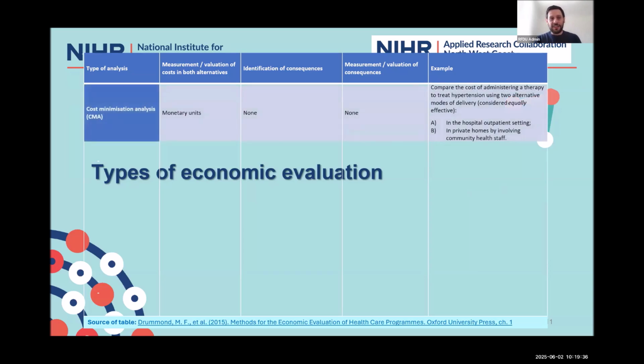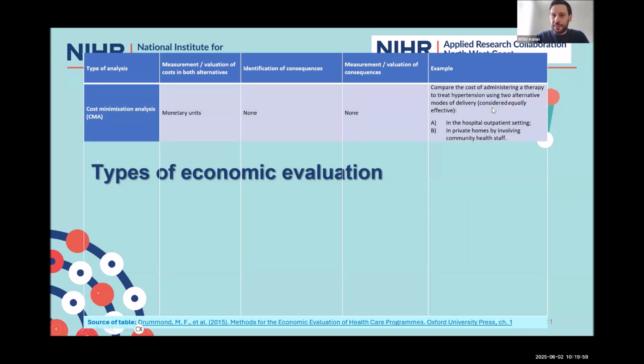So the first one is cost minimization analysis. You might have heard of this term before. In cost minimization analysis, we only focus on costs. So we don't have any consideration around the consequences, the outcomes of a particular intervention or two or more particular interventions.